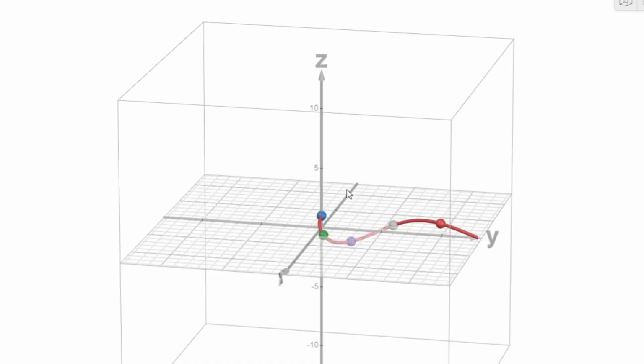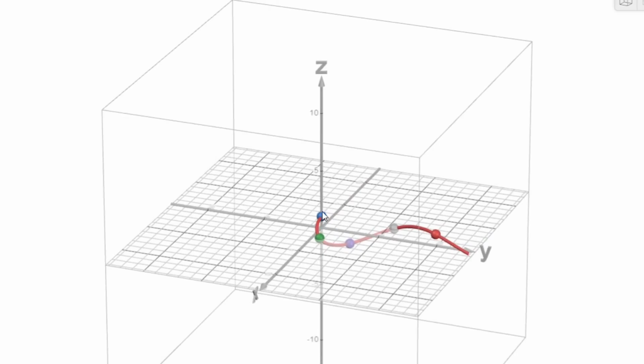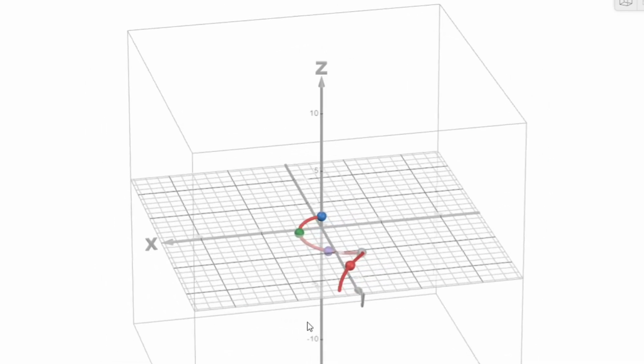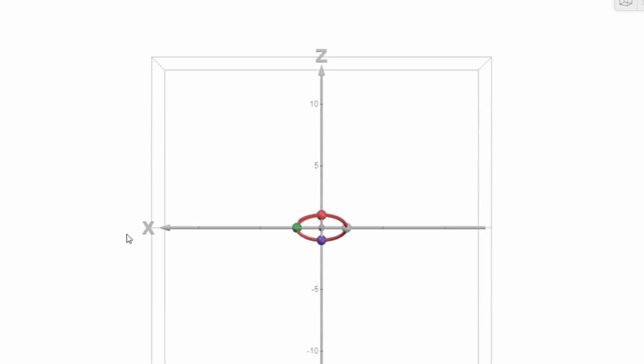Here are the points and the curve we just found on Desmos. So at t equals 0, we have the blue, and then increasing values of t, we go along the curve towards the positive y direction. And then you can see the curve spirals around, and if you look at it down the y-axis, it's the ellipse.